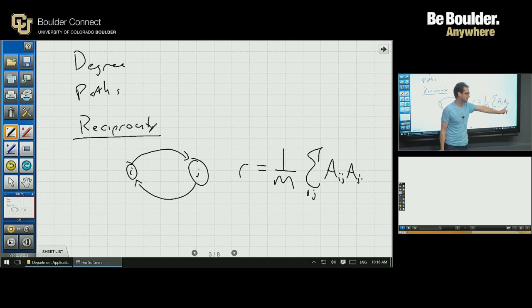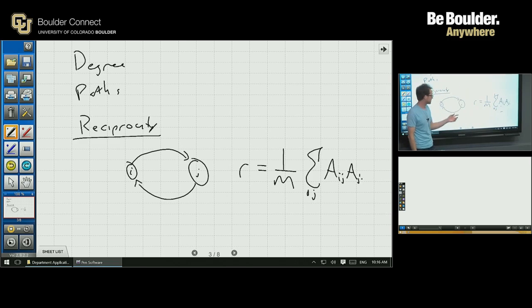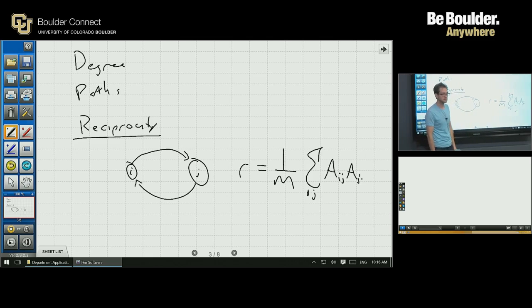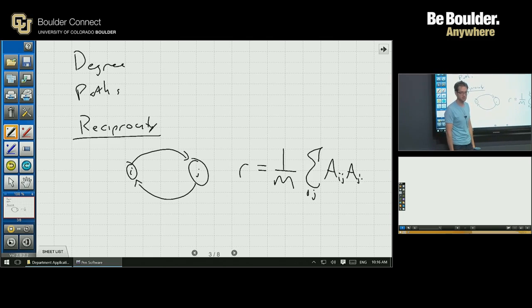And if A_ji is 1, then there's an edge that points from j to i. So if both of these edges appear in the graph, this product will be 1. So the sum over all pairs of this product gives me the number of reciprocated pairs of edges. And then I divide by the number of edges total. That gives me the fraction of all edges that are reciprocated.